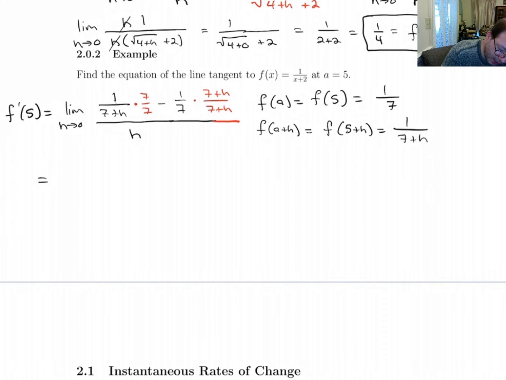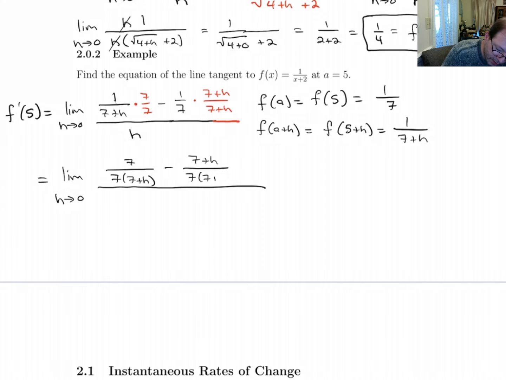And so what I get is the limit as h goes to 0. Got this big compound fraction here. This first one's going to be 7 over 7 times 7 plus h. The next one is minus 7 plus h over 7 times 7 plus h. On the bottom, I've got just h.